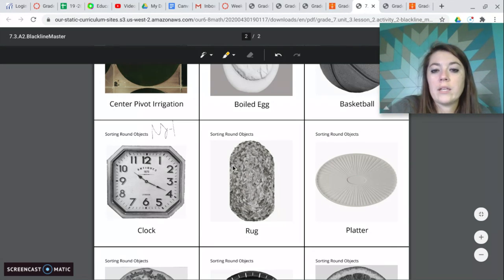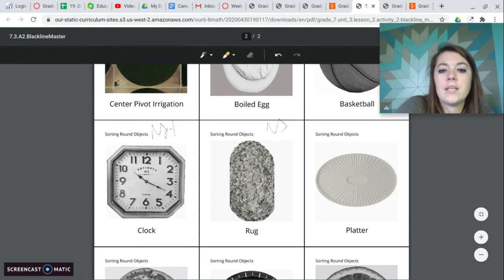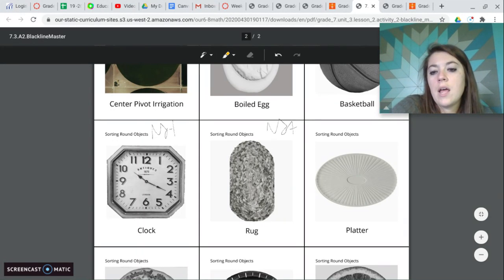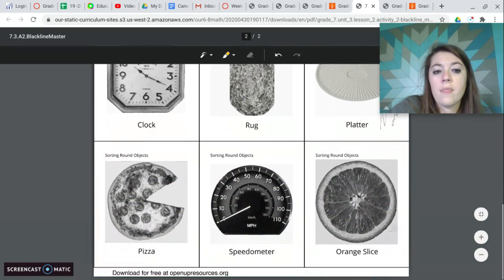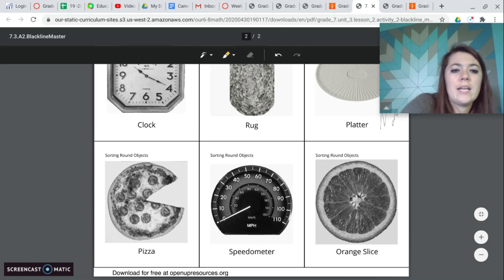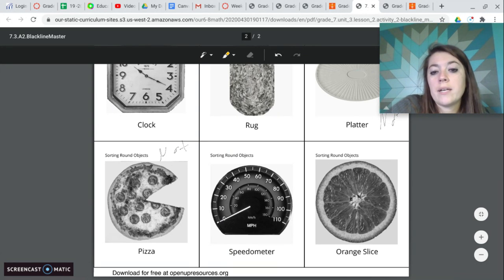What about the rug? Nope, it's definitely more of an oval. What about the platter? Also pretty oval looking. The pizza? Well, it's missing a slice, so can we really count it as a perfect circle? Nope. How about the speedometer? Be careful with this one.